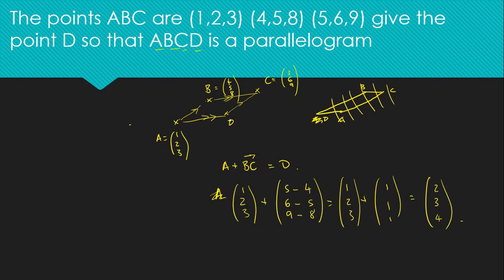And this will be (2, 3, 4) for point D. All right, so not too bad, nothing too scary really. Just watch out: you might be thinking that there's two positions for the parallelogram, but of course there's only one in this case because of the way the letters are arranged.